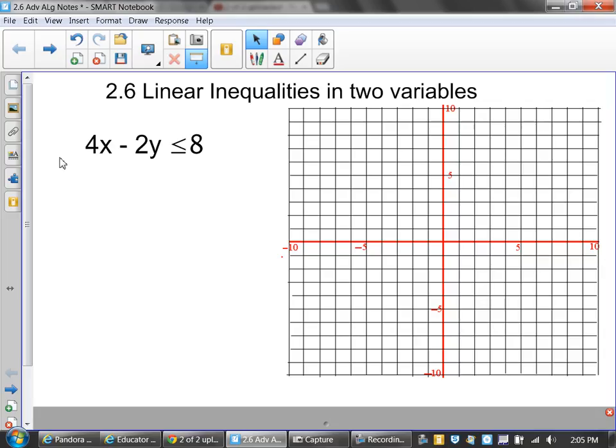If you are less than or equal to or greater than or equal to, your line is solid. If it's just a less than or just a greater than, it's dotted. Other than that, you graph things exactly the same as you would before.